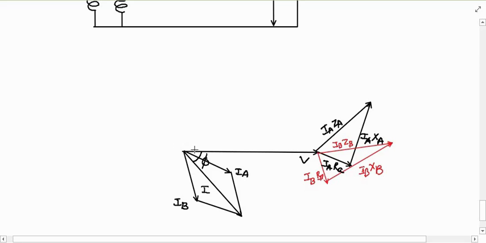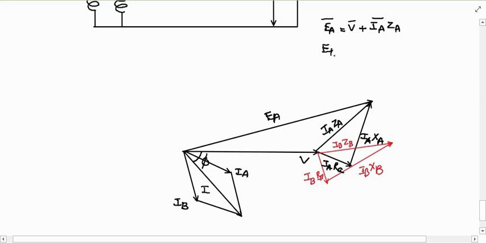EMF is nothing but vector sum of IA ZA and V. So for A transformer, I will mark this as your EA. What is EA? EA is nothing but V plus IA ZA, right?